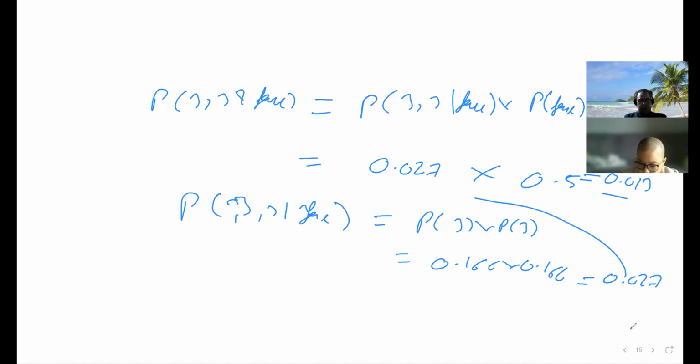0.018. 0.018 or 0.18? 0.018. Can you tell me how you found it?